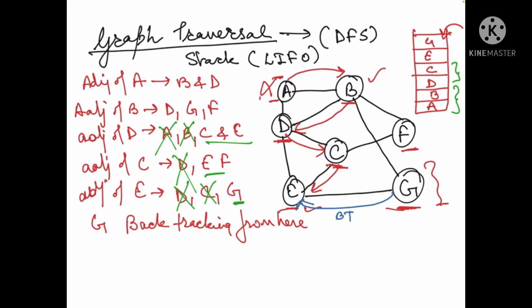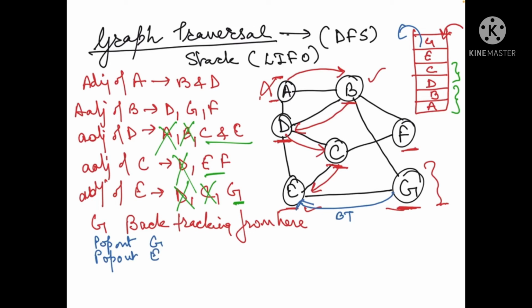So now you will pop out G from here. Currently you were pushing in, now you will pop out G. From G you have reached E. Then you will pop out E and backtrack.